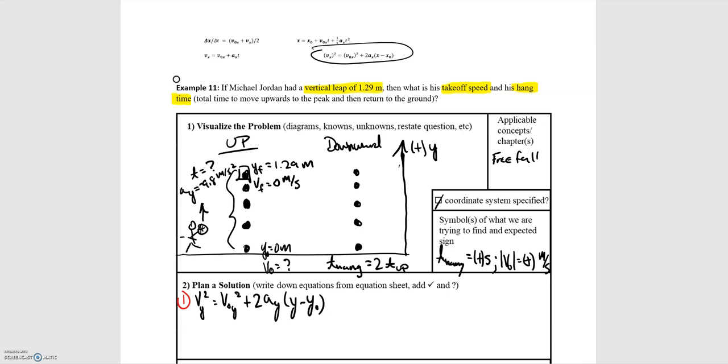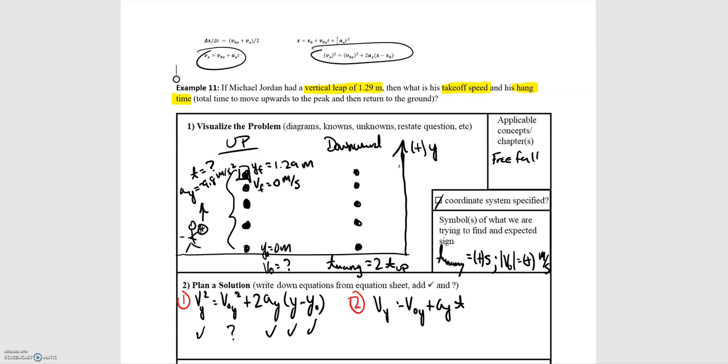After we use this to solve for the initial velocity, since we know the final velocity, the acceleration and the displacement, we can substitute into the velocity as a function of time equation, which is the final velocity is equal to the initial velocity plus the acceleration multiplied by time.